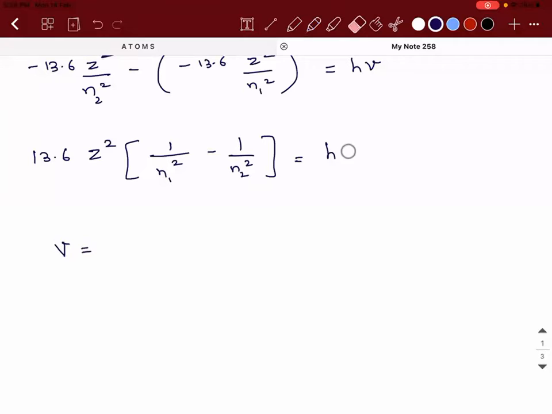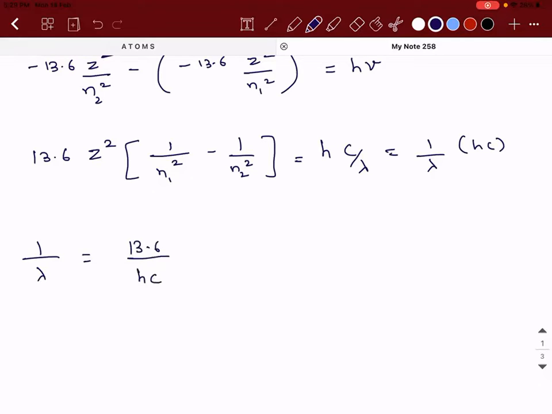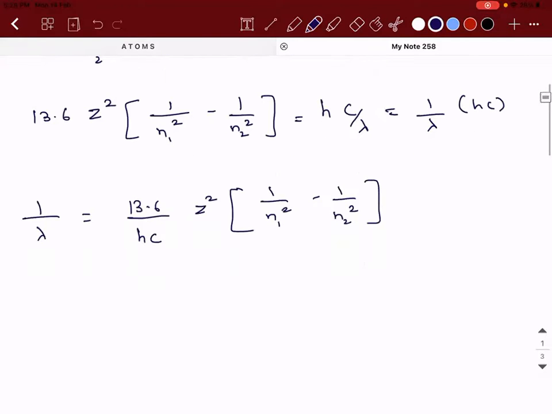Or I can write it like this. I'll write this as hc by lambda. Then what is going to be the value of lambda? Okay, listen. 1 by lambda into hc. I'll take this hc to the other side. Then 1 by lambda will be equal to 13.6 divided by h into c into Z square into 1 by n1 square minus 1 by n2 square.